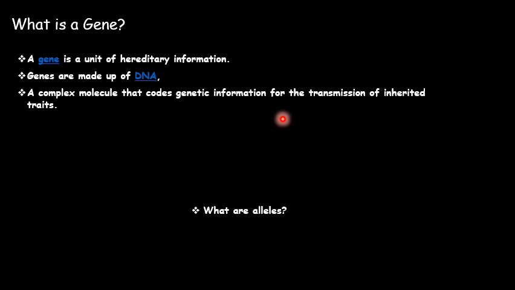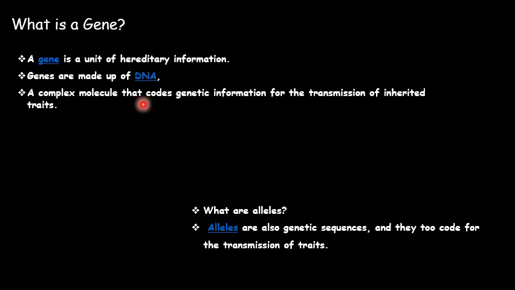So then what is an allele? You might even ask. Alleles, just like genes, also code for specific traits. They are also genetic sequences, and they too code for the transmission of traits, which means like genes, alleles also code for traits that the child or offspring inherited from the parents.